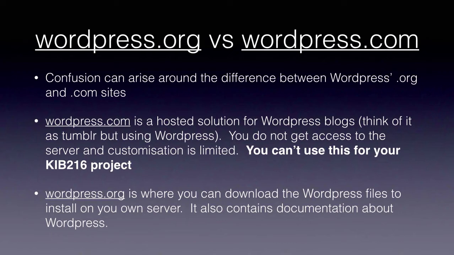It's essentially like Tumblr, but using WordPress as the blogging platform. You get an account, and then you use their interfaces to publish content, and they give you a URL, something.wordpress.com. Now that's fine for keeping a simple blog, like a Tumblr would be. It's essentially a competitor to Tumblr or Blogger or something like that.